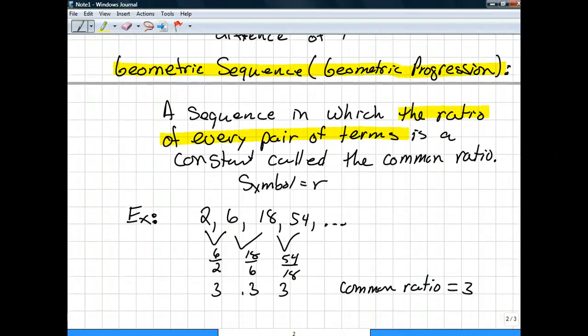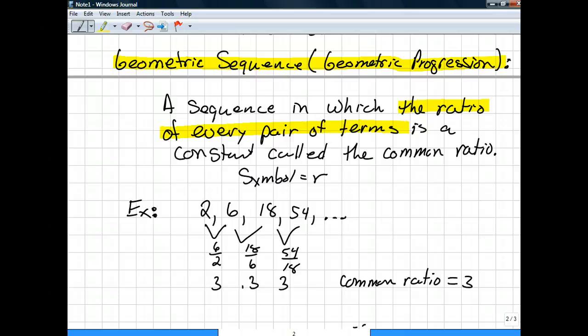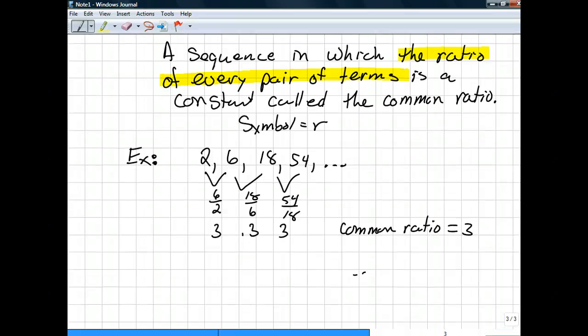The second type of sequence is what we call a geometric sequence. A geometric sequence is one in which the ratio of every pair of terms is a constant called the common ratio. And the symbol we use for common ratio is R. So, for example, in this sequence, 2 is my first term, 6 is my second, 18 is my third, 54 is my fourth term.